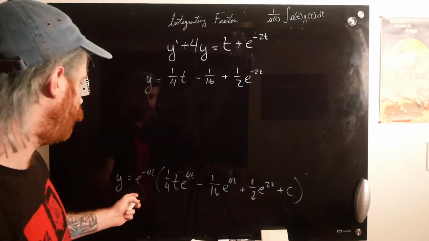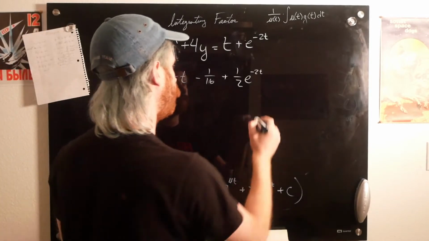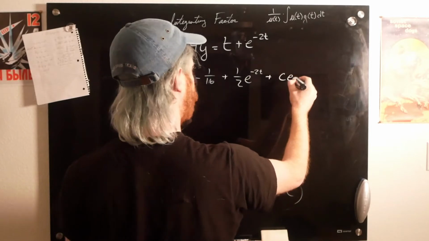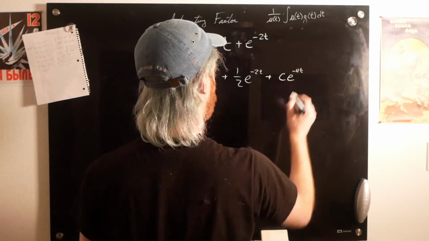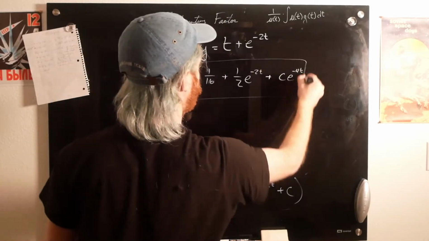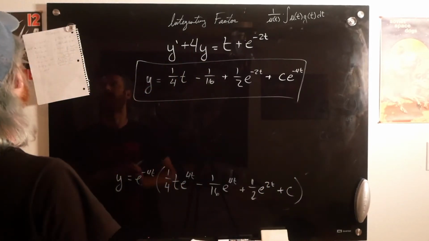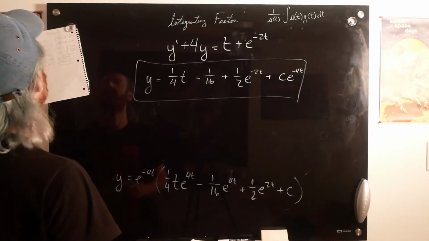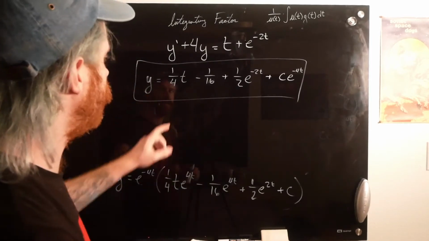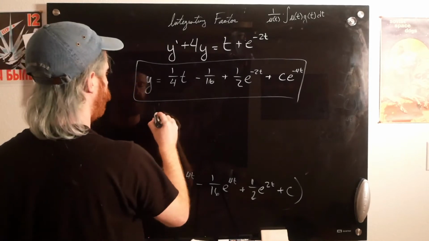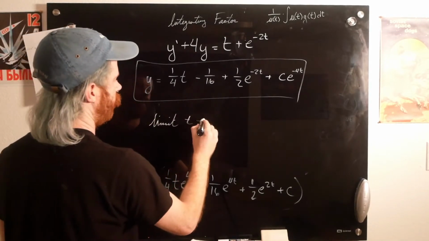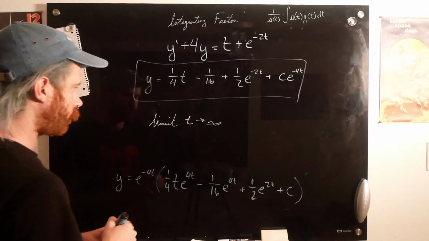And then plus c times e to the negative 4t. And this should be your answer. Make sure that that's right. Yep. Okay, so now that this is your answer, you're trying to find the limit as t approaches infinity.